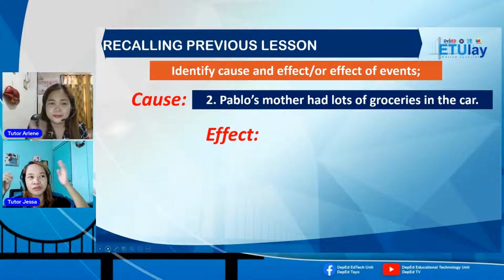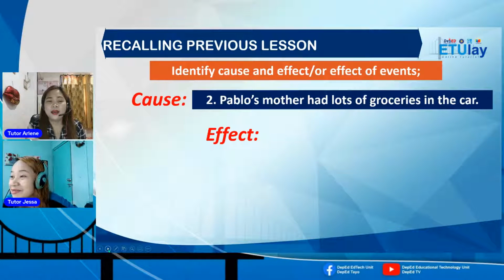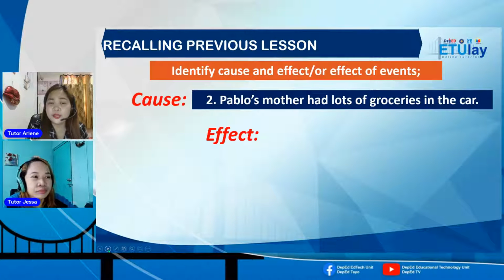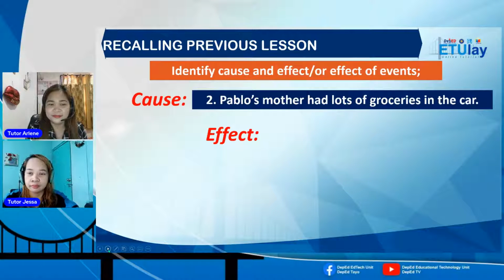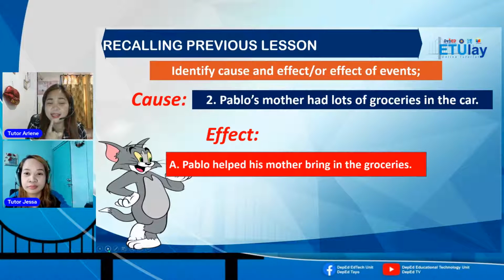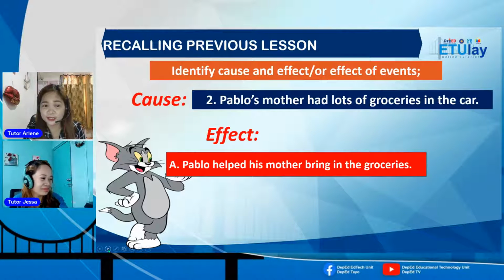Okay, for number 2, Tutor Arlene, what's that? Okay, for number 2, the cause is Pablo's mother had lots of groceries in the car. So, let us see what is the effect. Okay, you choose from letter A, Pablo helped his mother bring in the groceries.